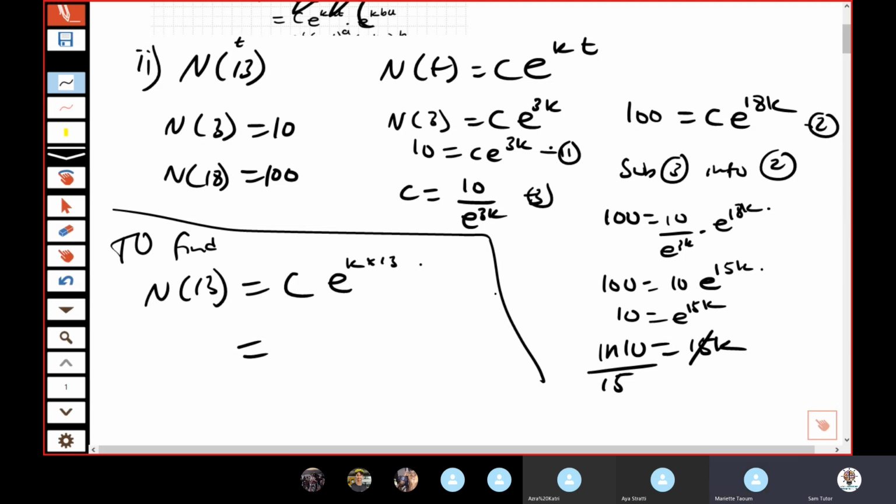I'm storing my K as letter A. Then I'm going to do 10 on e to the power of 3 times A. I'm storing my C as B. And then I'm just going to go B times e to the power of A times 13. N of 13 equals 46.4. And that was the last 2 marks you needed.